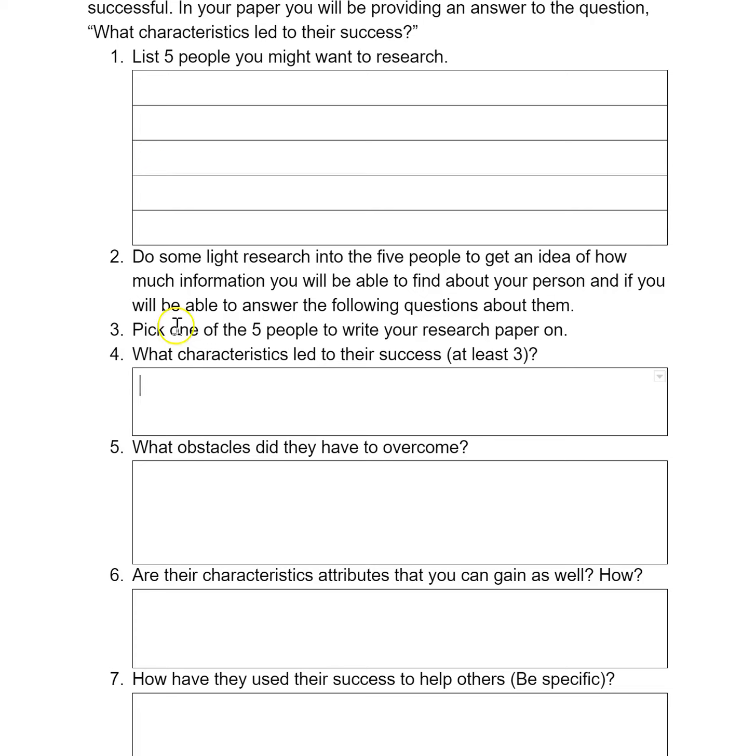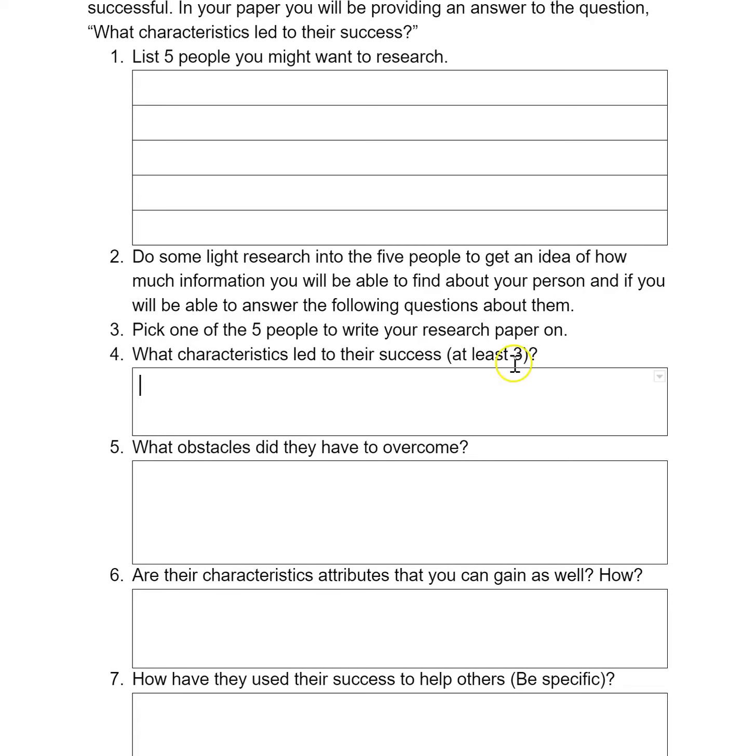And then start narrowing it down. Who is that person you're going to write about? And then just start making some notes. What are some of those characteristics that led to their success? So you may say, oh, they were hardworking, they were caring, they were intelligent, whatever it may be, okay?